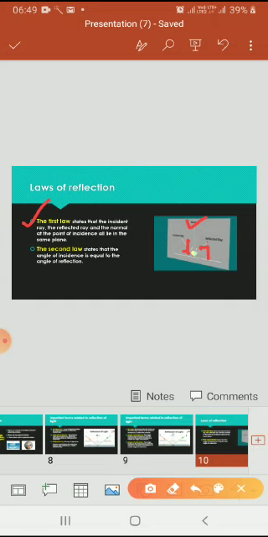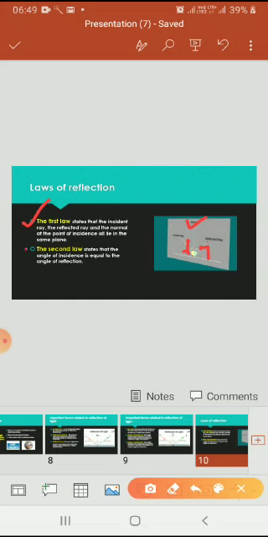Students, you can easily draw these three things on a piece of paper, and here also you can see one plane is given on which all the three things are lying. So these three things are in the same plane. That is actually the first law.